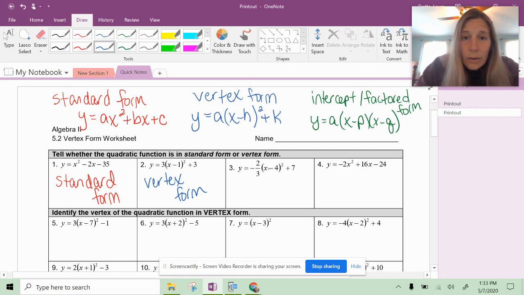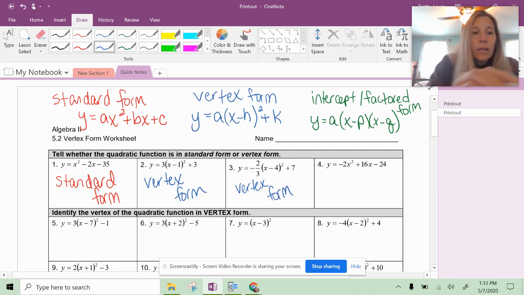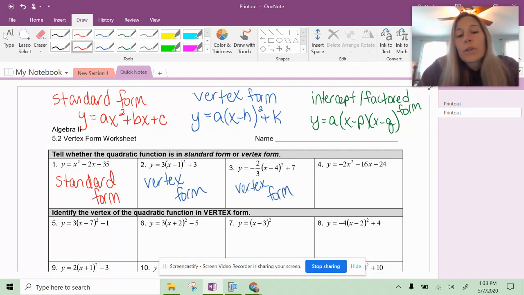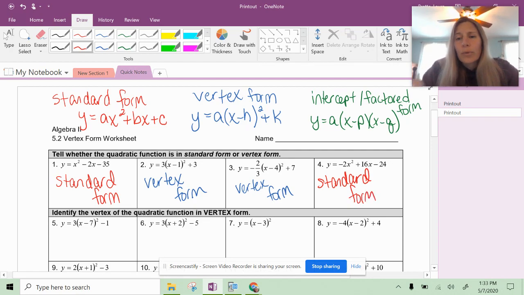That's really the key there to identifying that vertex form. And then this final one here, there are no parentheses, so this would be an example of standard form. And there are no examples of intercept or factored form on this page right now.